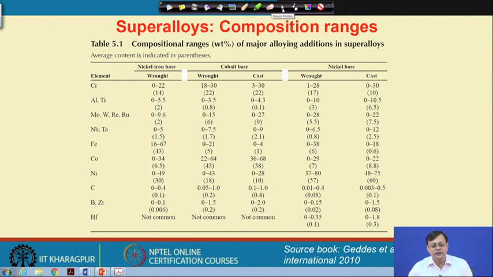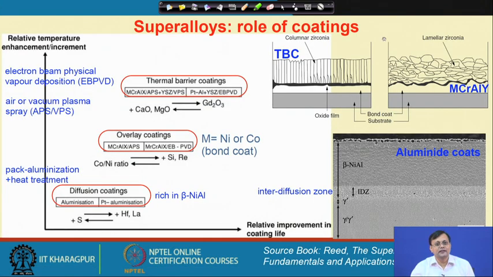However, we further improve the properties of the superalloys by adding some coatings on them. If you remember, last week we were discussing different types of coating, and in case of these superalloy blades also we apply coating, so that the performance of the blade, or let us say the failure life of the blade or time to rupture, can be enhanced further.